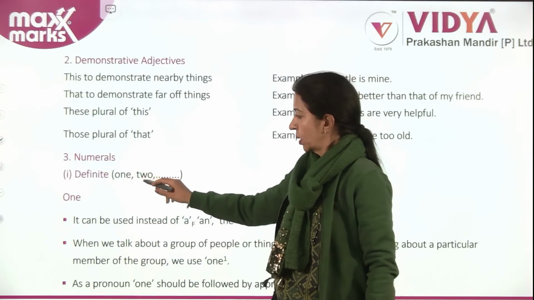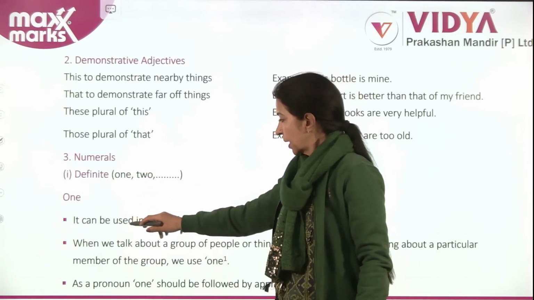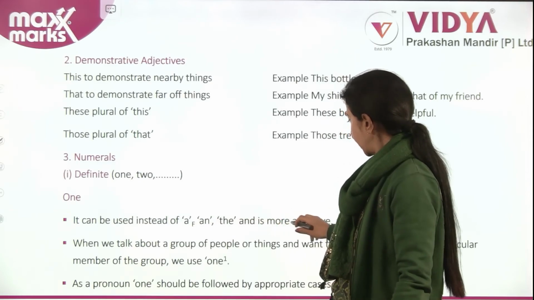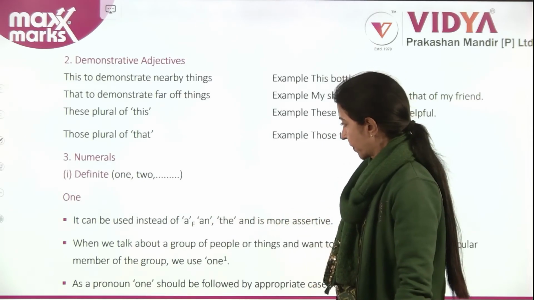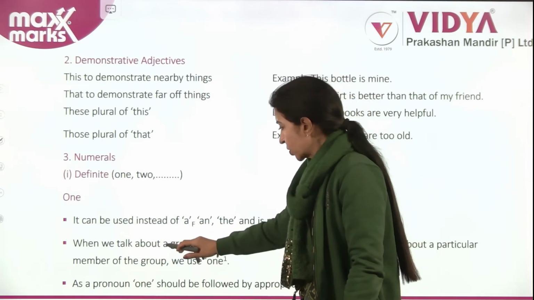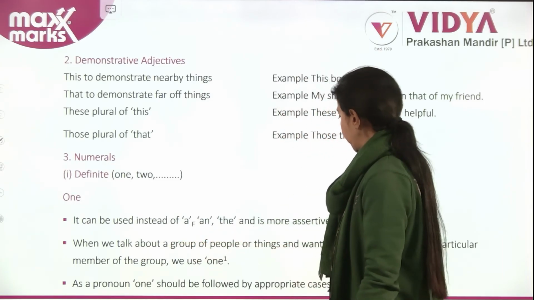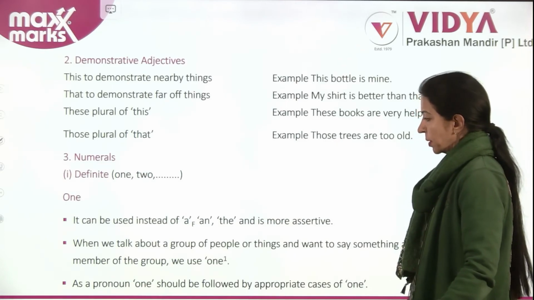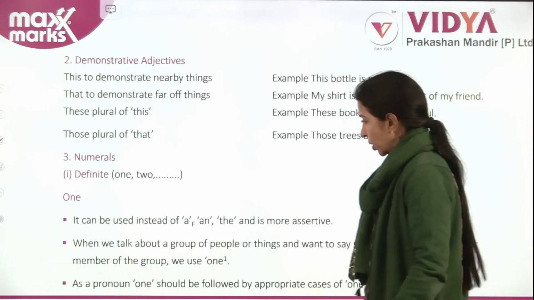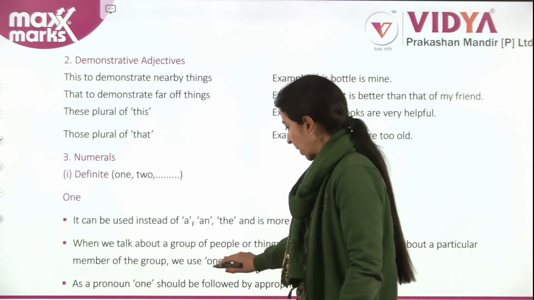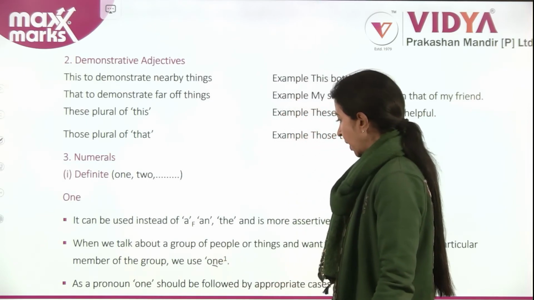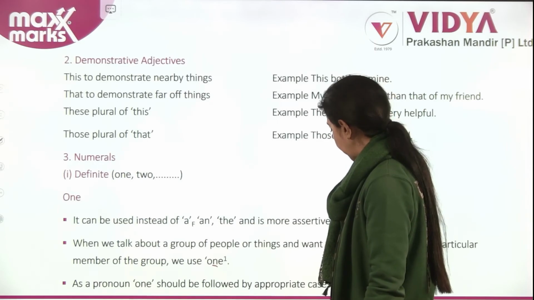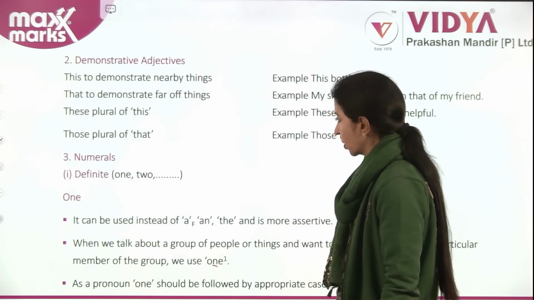Numerals: one. It can be used instead of a or an, the, and is more assertive. When we talk about a group of people or things and want to say something about a particular member of the group, we use one. As a pronoun, one should be followed by appropriate cases of one.